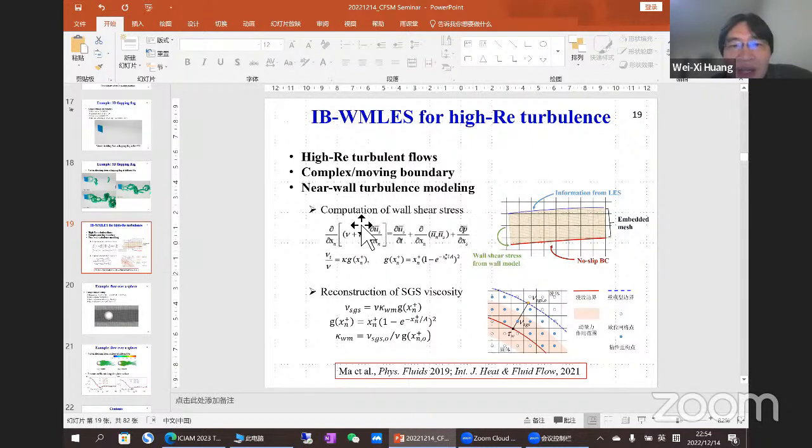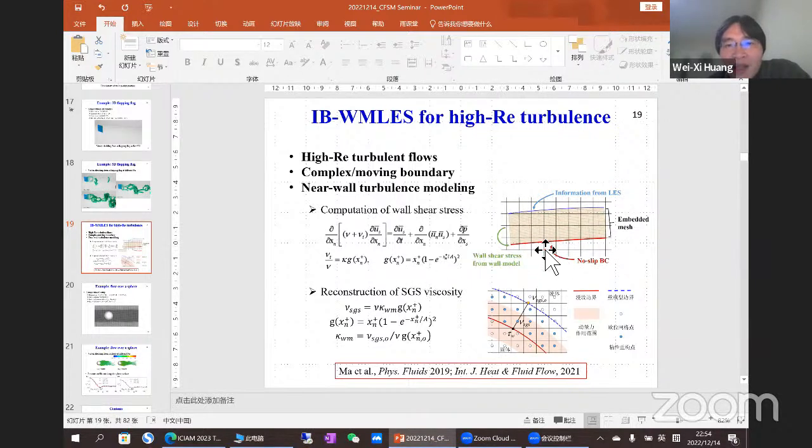It is a well developed approach. So you are right, it depends on the Reynolds number. This one, X plus, depends on the Reynolds number, so it needs a kind of iteration process.